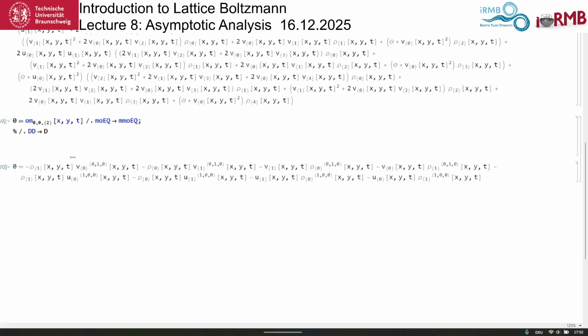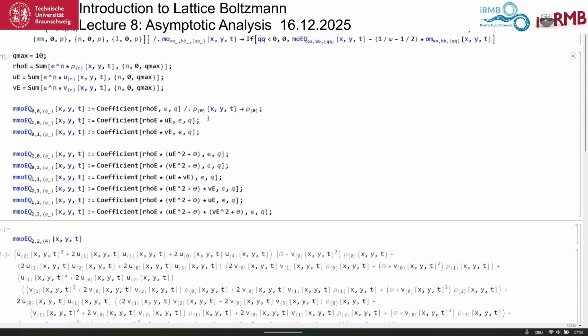So what I have is that the velocities to zero order should actually be zero, right? So I also have to specify this. For example, that u to zero order, I want this to be zero. And I also want v to zero order also to be zero.